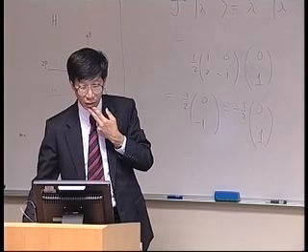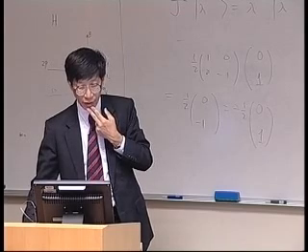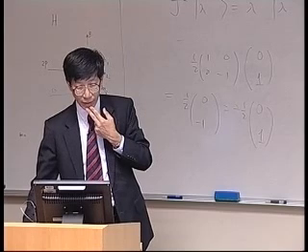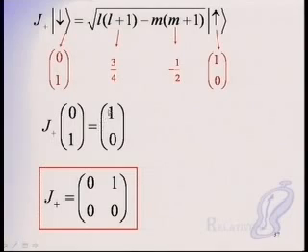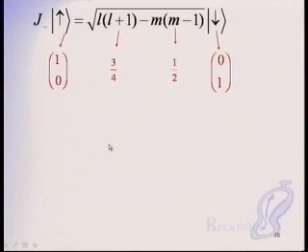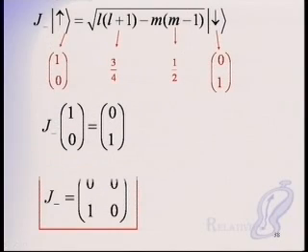This multiplied by 0, 1, that's correct. This column being 1, 0 means when you hit 1, 0, you get 0. And by the same argument, I won't go through details, you find J minus has a 1 in the other corner.